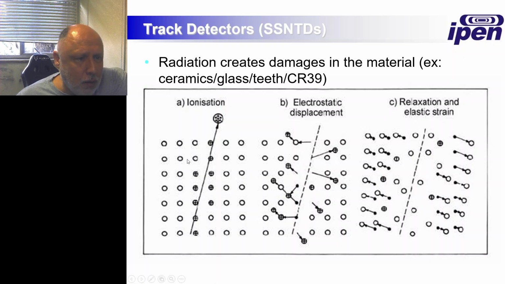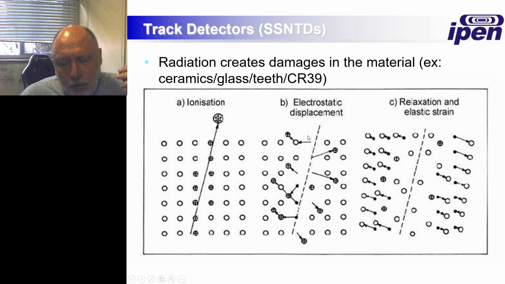After ionizations have happened, there's some electrostatic displacement, because now you have positive charges that will repel each other, and we have a very damaged part in our system. That may be ceramics, maybe glass, maybe even human teeth, human bones, or plastics like CR39.